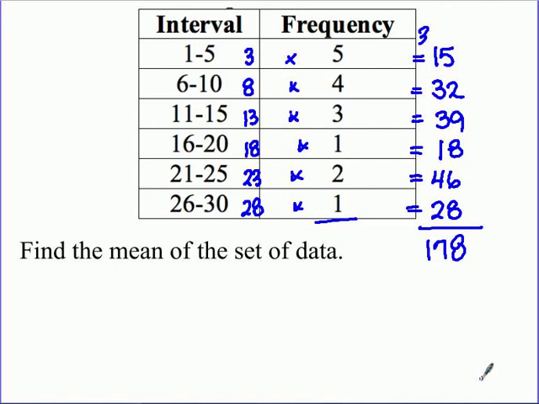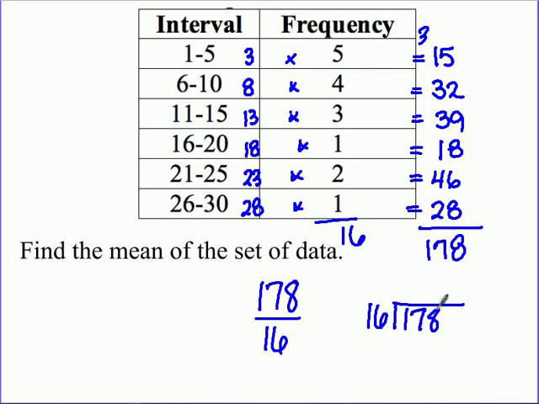So 5 and 4 is, so basically to find the mean, I'm going to take 178 and divide it by 16. Okay, so you might have to reduce down if you could. 4, I think 4 doesn't go into 178, so you would probably have to do this and go from there.